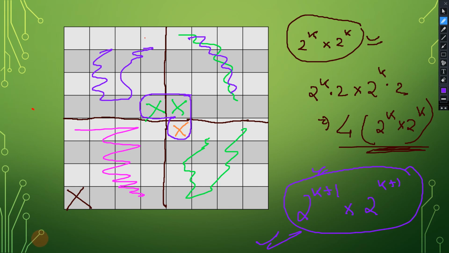So for any input size, no matter the size of the checkerboard, we can conclude that our assumption, that this rule is true, is actually true. You can conclude it using mathematical induction.